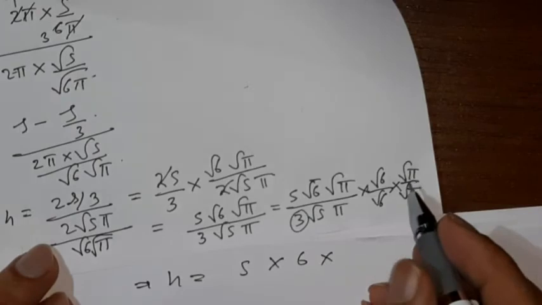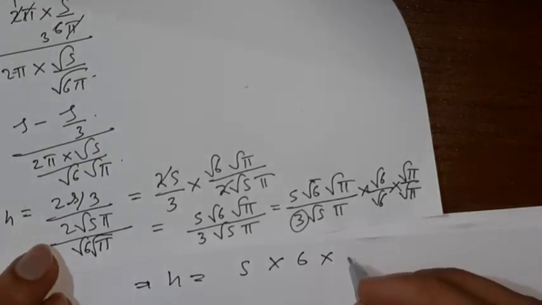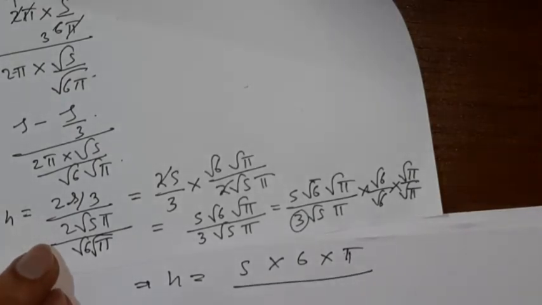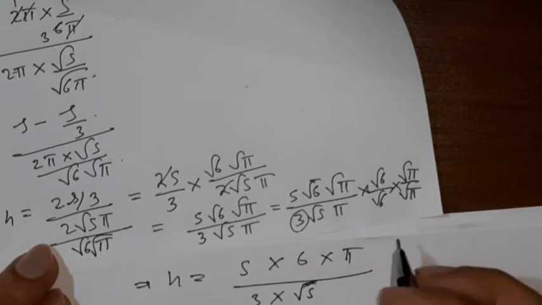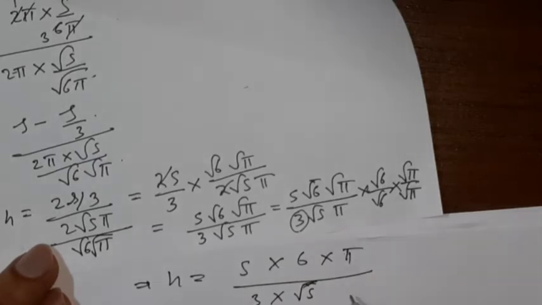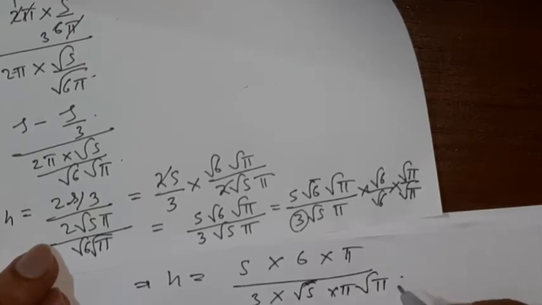Now again, root of pi multiplied by root of pi, that is pi, divided by 3 times root of s, right.